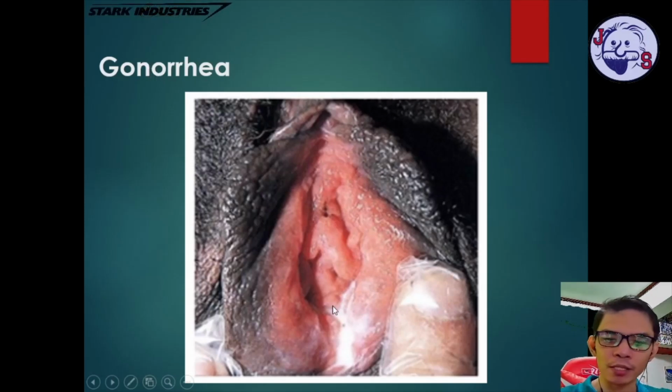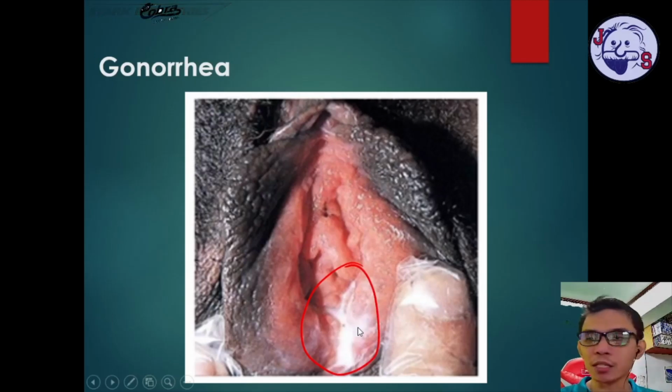The thing that we have right here is gonorrhea. See that pus that is discharged over here. This is the pus coming from the bacteria that is causing the gonorrhea in this person.